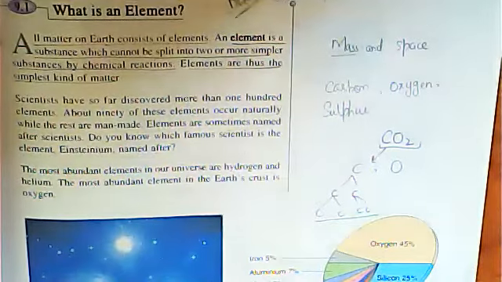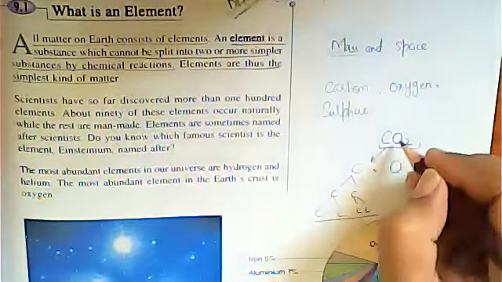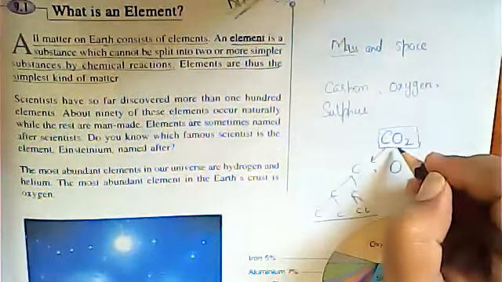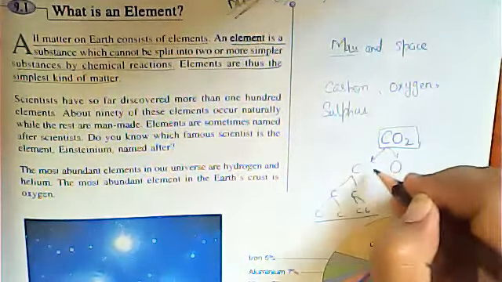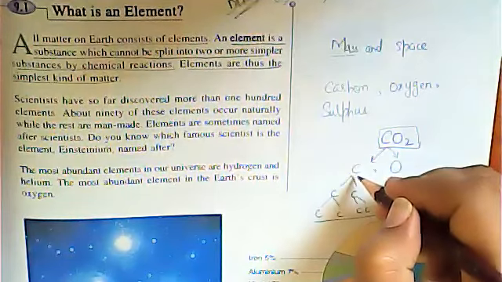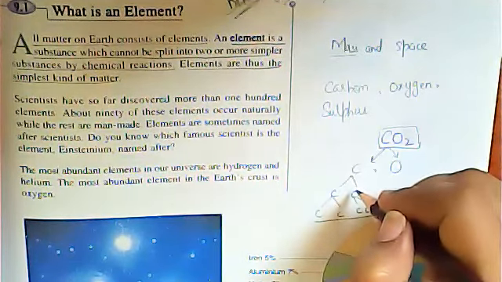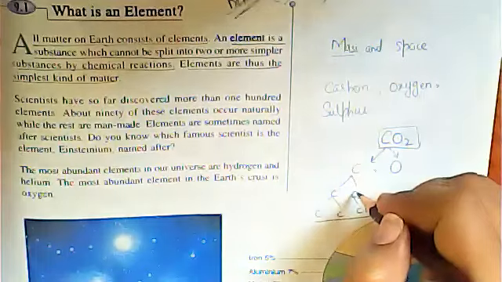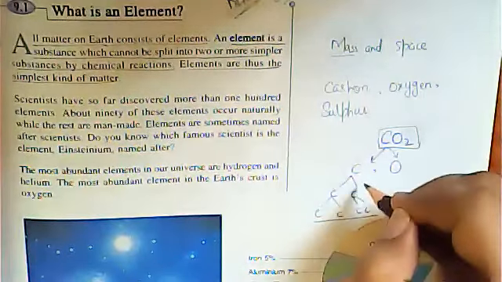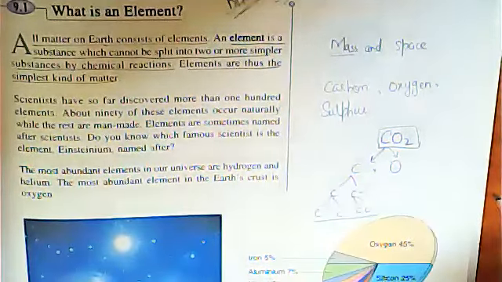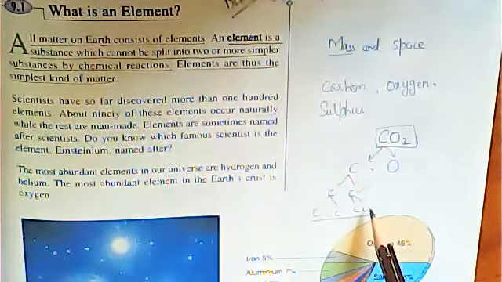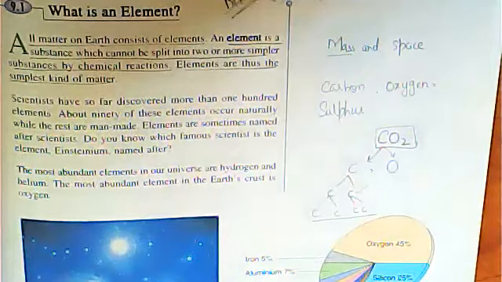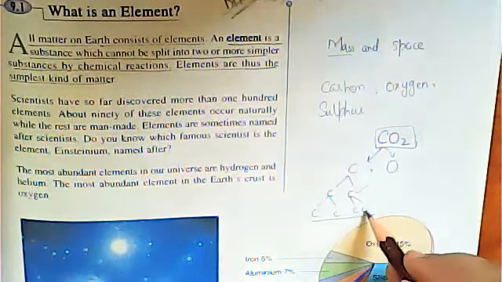It will not break and become something else. When you split carbon dioxide, it converts into carbon and oxygen, but this carbon cannot be further split into simpler substances by chemical reactions. So this is the simplest kind of matter. An element is a substance which cannot be split into simpler substances.